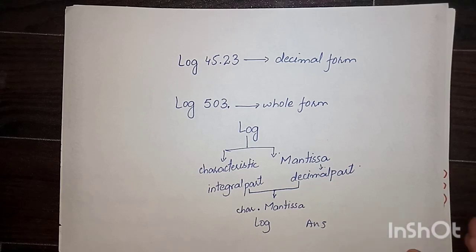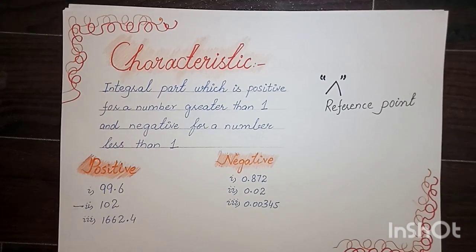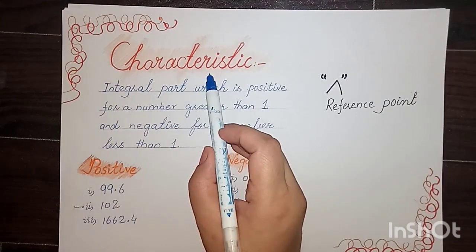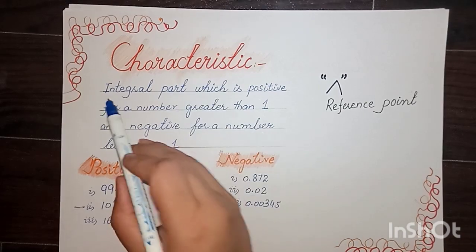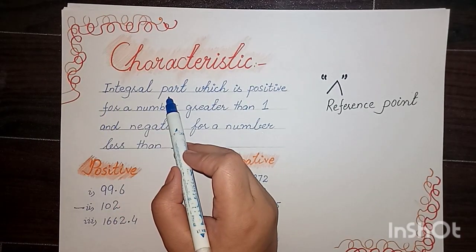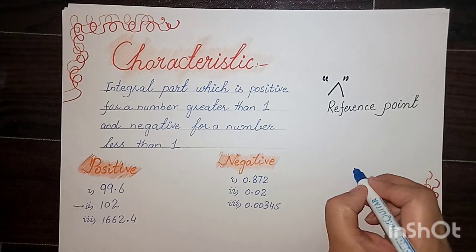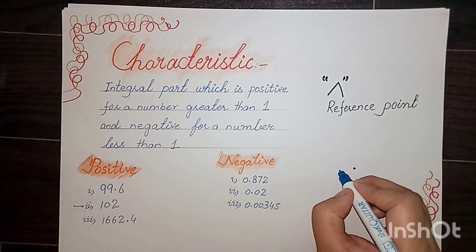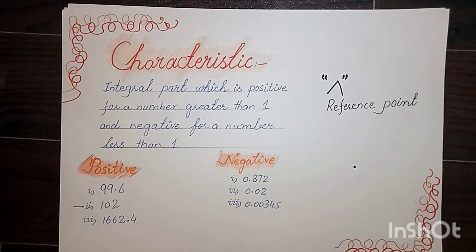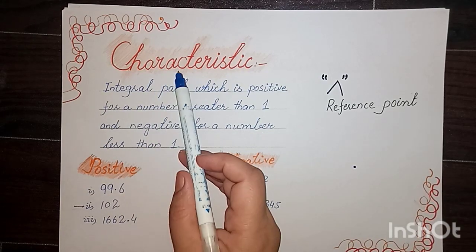So first, the characteristic. Characteristic is the integral part, meaning before the decimal point we will write the characteristic.